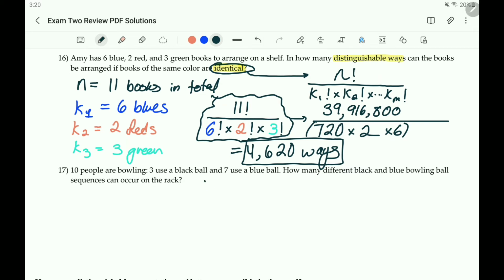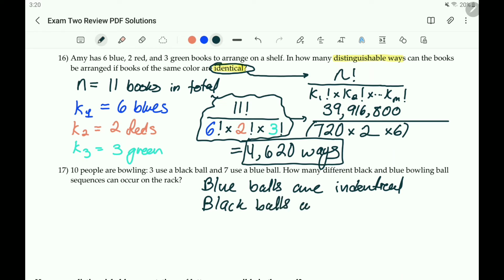So we're going to say that the blue balls are identical, and we're going to say that the black balls are identical.